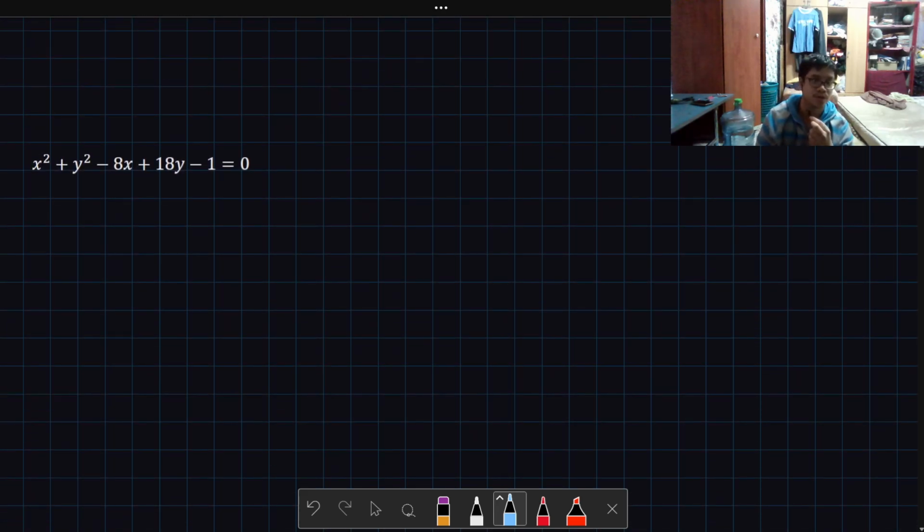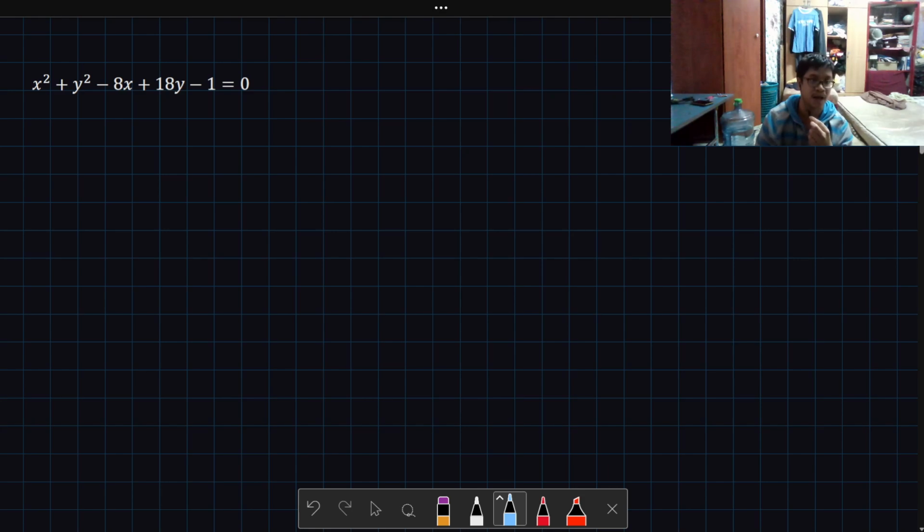Here, if you observe carefully, we have x squared and y squared, and then they have their own partner. Like if we have x squared, then they have x. We have y squared, then they have y. And we also have a given constant term, which is -1.